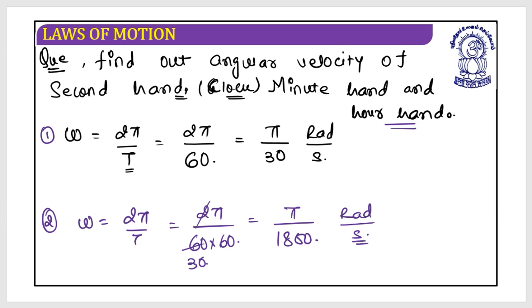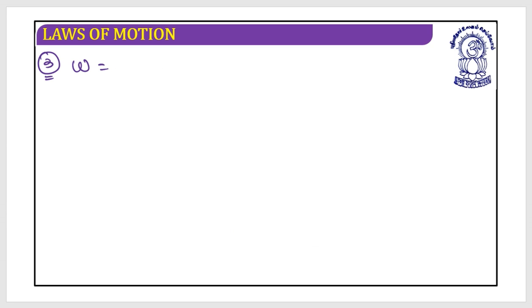About the hour hand. So omega is equal to 2 pi by T. This is equal to 2 pi divided by the time required to complete one revolution. Please do remember that it is 12 hours that will be required to complete one revolution for the hour hand. I have seen students make a mistake of using 24 hours.